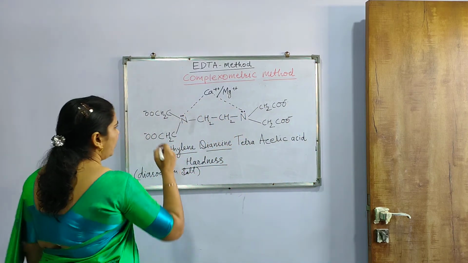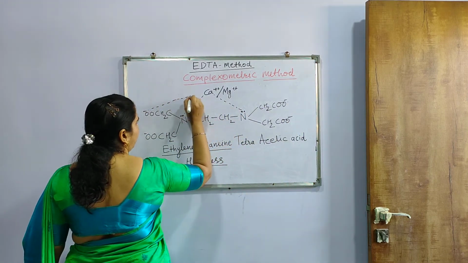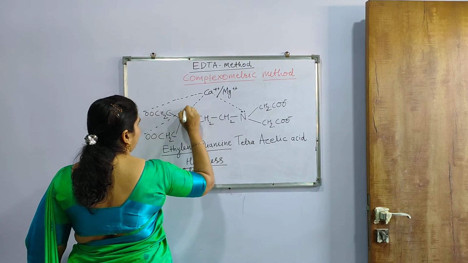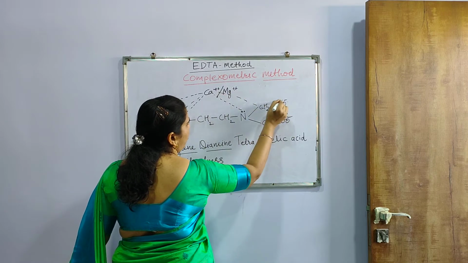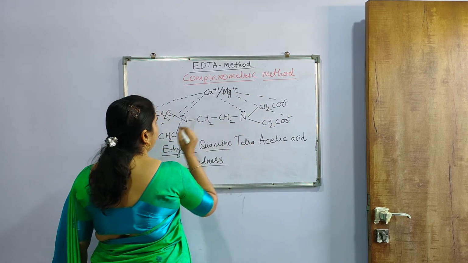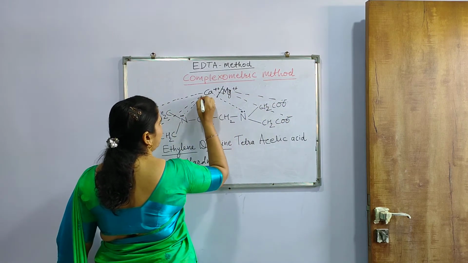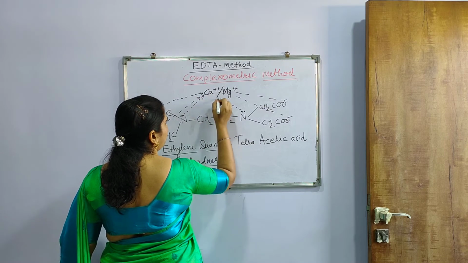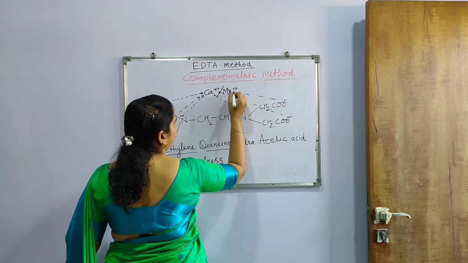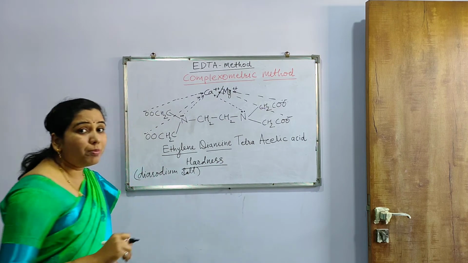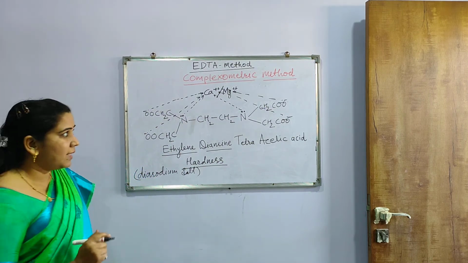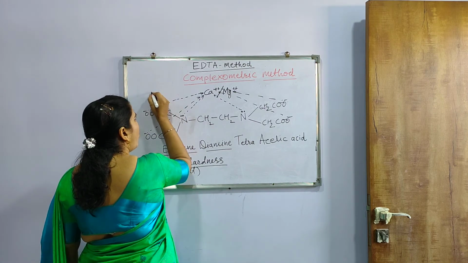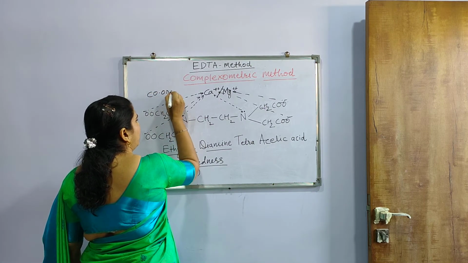So in this way, when these different oxygens form bonds with this Ca, there is a formation of such a bond. Why am I showing these arrows? There is one reason: the lone pair of electrons will be shared towards calcium. That's why it is called a coordinate bond.